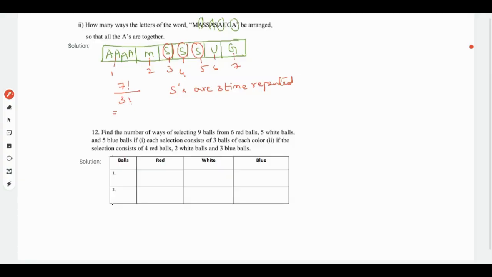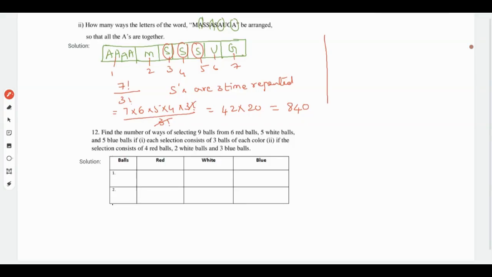That will be 7 into 6 into 5 into 4 into 3 factorial divided by 3 factorial. 3 factorial and 3 factorial cancel. 6 sevens are 42. 4 fives are 20. So it will be 840.